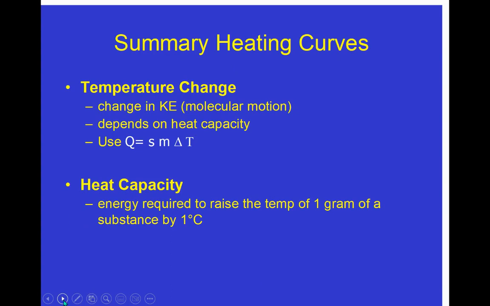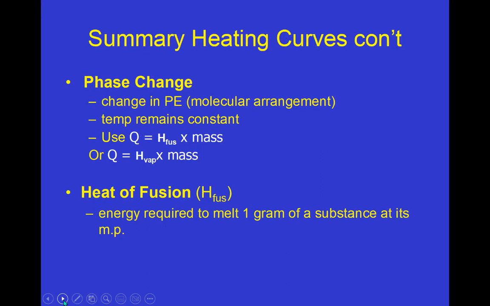We'll use different heat capacities depending on the state of matter, and our formula will be Q equals SmΔT. Heat capacity is the energy required to raise 1 gram of a substance by 1 degree Celsius. During a phase change, we're changing the potential energy, temperature remains constant, and our formula becomes Q equals HM.